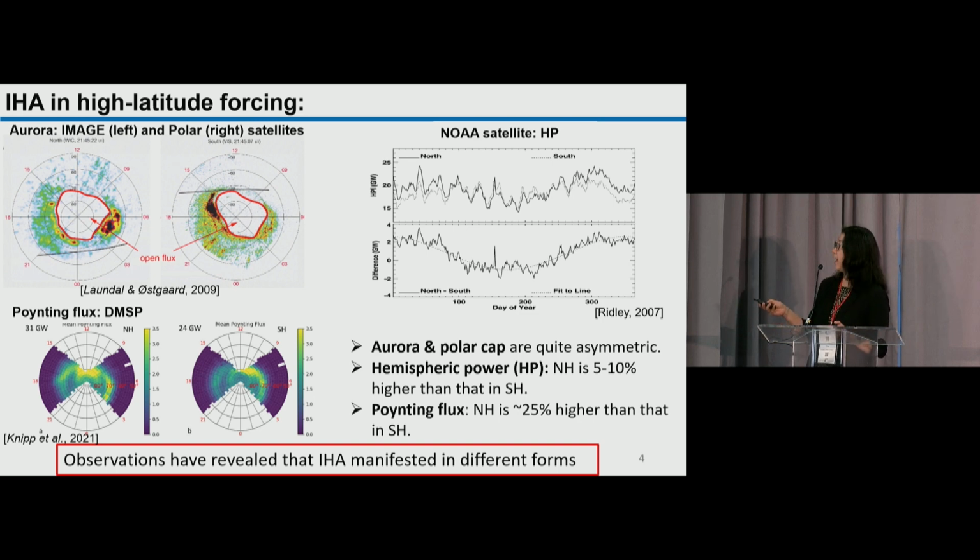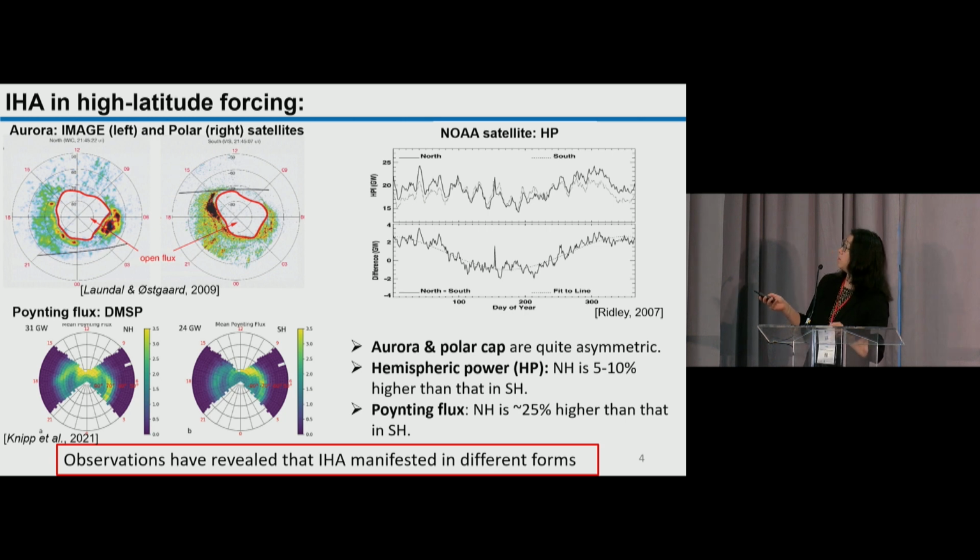This axis is day of year, so we look at the variation during the whole year. The parameter we look at is hemispheric power, which typically represents the total particle flux in the whole polar region, and is calculated based on the NOAA satellite.